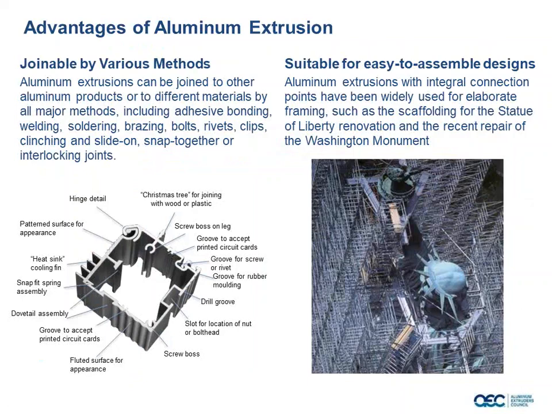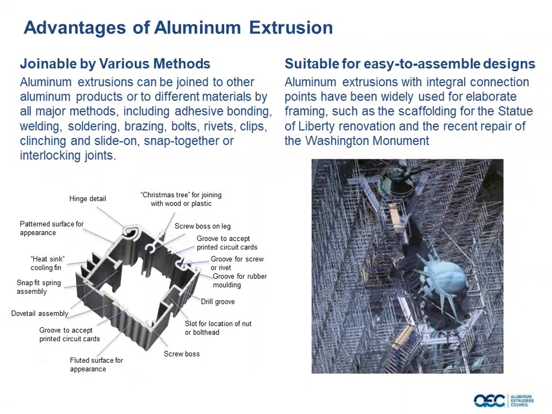As you can see in the illustration on the left, we have incorporated potential hinge joints, screw slots for joining two pieces together, T-slot bolts, weather stripping grooves, heat sink fins. All of these different sorts of things can be incorporated into the base product and don't have to be added on in any sort of secondary operations.